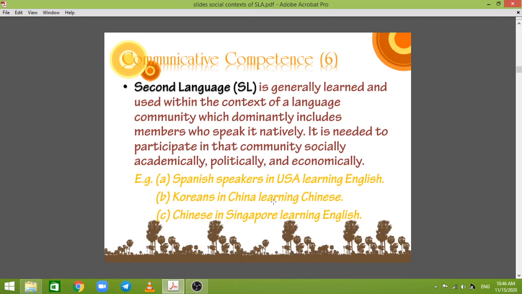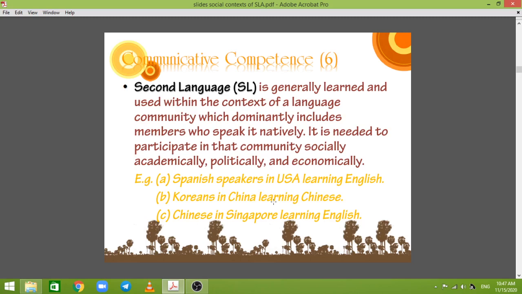I would like to pick up the last statement as the sample for further discussion. Regarding second language, it should be used or learned in the context where the users of the language in any community use it dominantly.